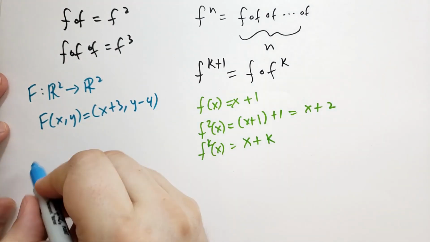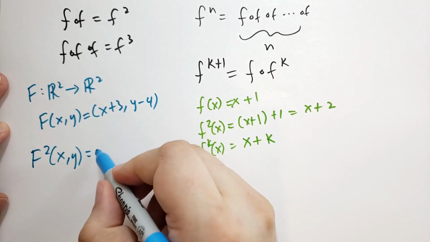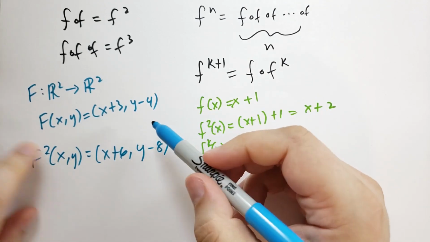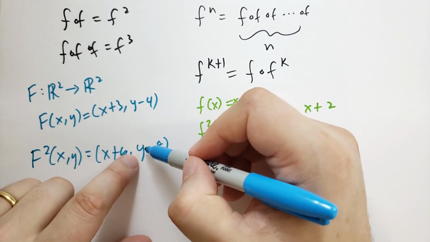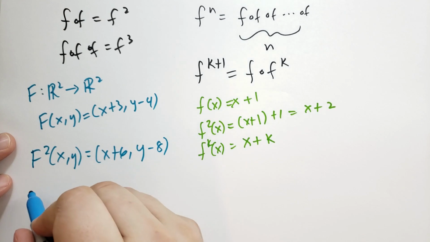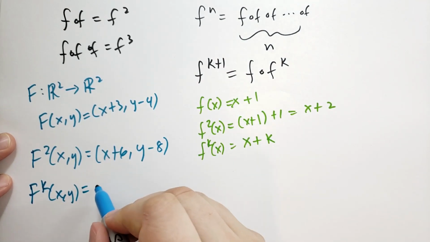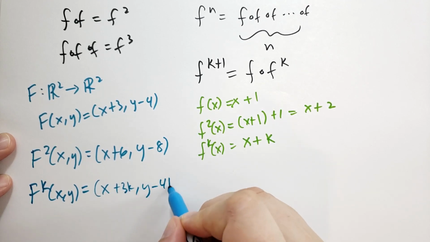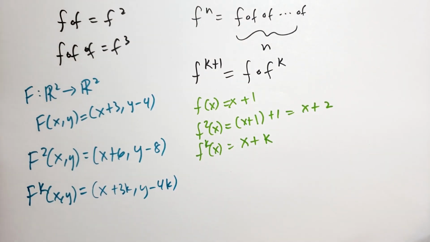Then F applied to itself twice gives you x plus 6, y minus 8. That should be rather obvious because we take x plus 3 and put it in there, and we take y minus 4 and put it in there, so it's minus 4 minus 4. And indeed, you can reason out for yourself that doing that k times, for some positive integer k, gives you x plus 3k and y minus 4k. This is pretty powerful stuff.